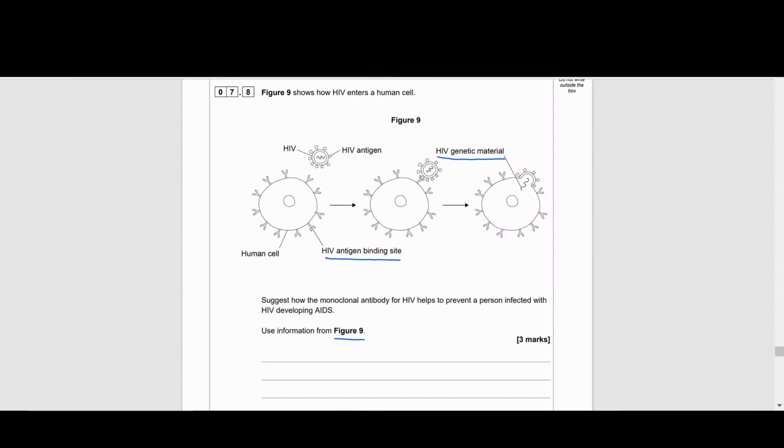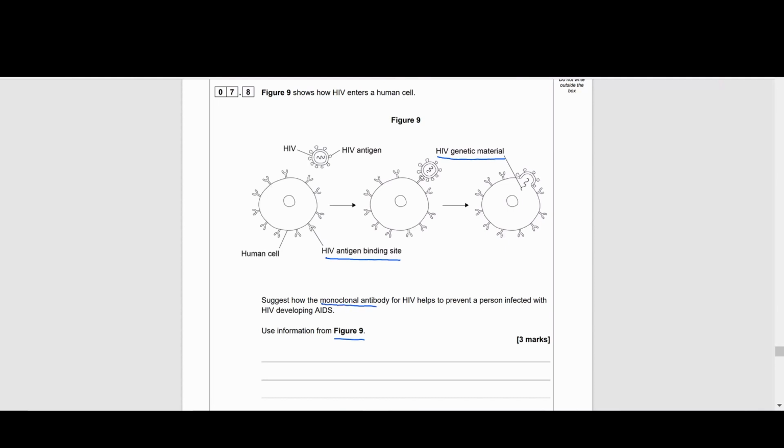Once that's happened, our HIV virus is now fusing with our human cell, and the genetic material is then entering the cell towards the nucleus. So we need to think how having a monoclonal antibody is going to prevent this from happening.